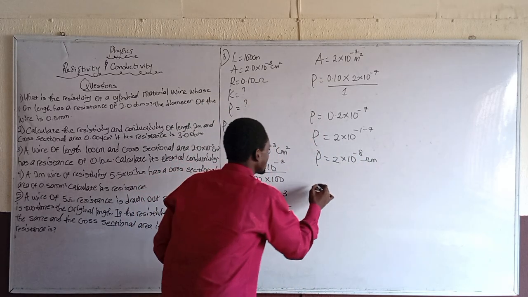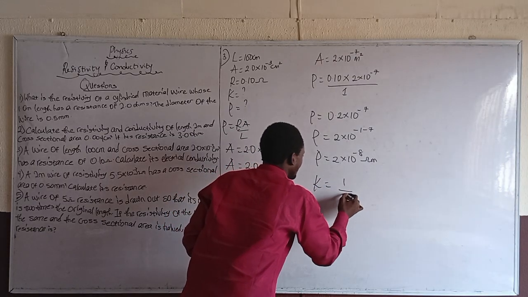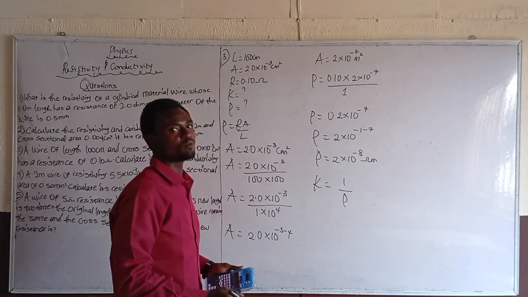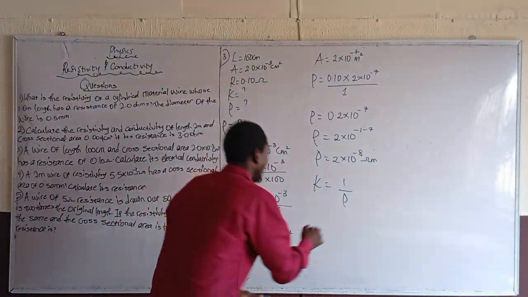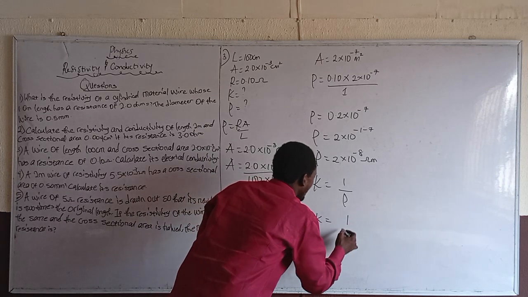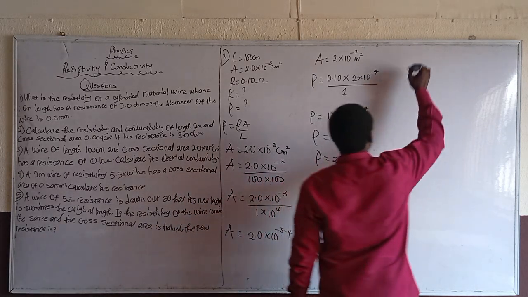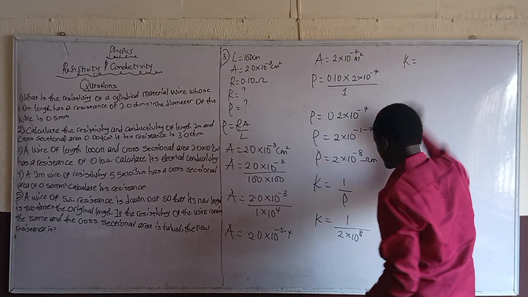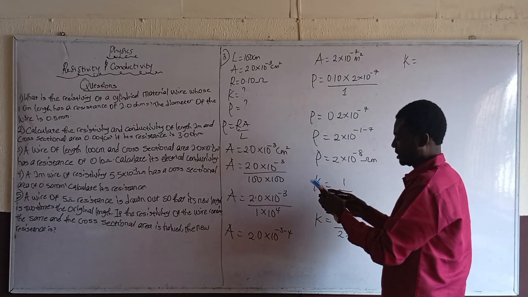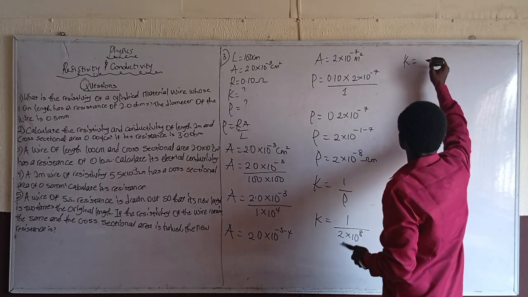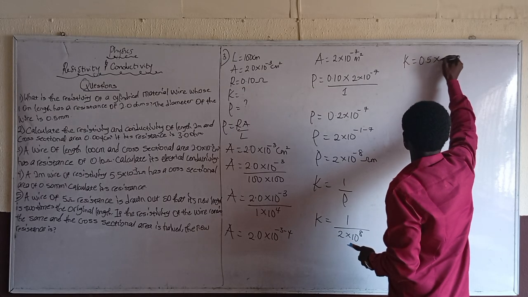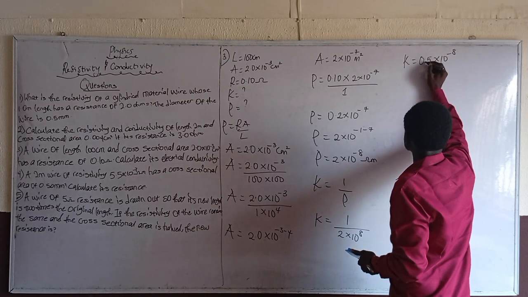Now, conductivity is the inverse or reciprocal of resistivity, which means that my conductivity is 1 divided by 2 times 10 raised to the power minus 8. So my conductivity becomes 1 divided by 2, that is 0.5, that is 0.5 times 10 raised to the power minus 8.